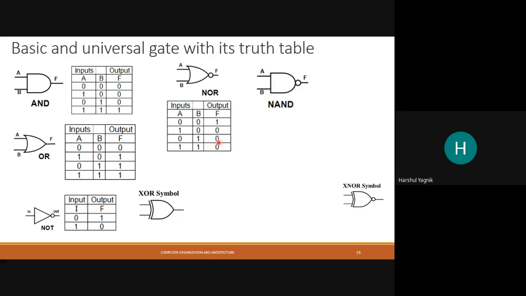Now suppose I tell you to design a logic which gives output 1 when all the inputs are absent. Otherwise output should be 0. That is NOR logic only. If inputs are 0, inputs are false, inputs are absent, both inputs, all inputs, then output is 1. Otherwise output is 0.